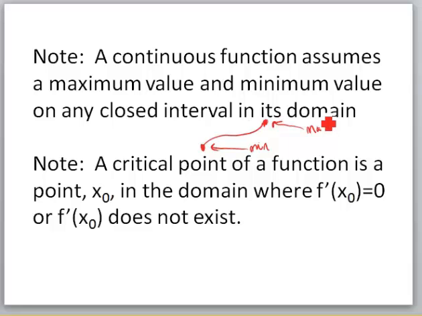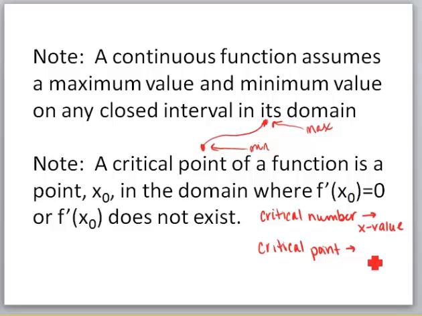Now I want to talk about, really fast, the words critical number and critical point. So critical numbers, if you're asked to find a critical number, you only need to find the x value. If you are supposed to find the critical point, you need to find the x and the y values. So please take note of that so that you're answering questions properly.